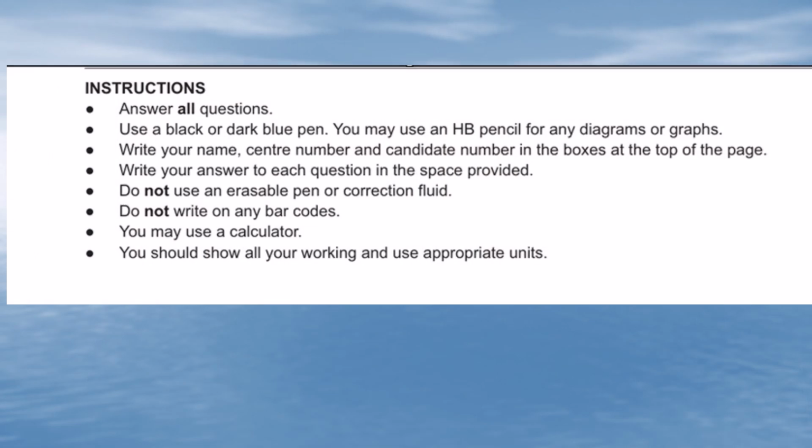So, first of all, take a look at what Cambridge actually writes on the front page: you should use a black or a dark blue pen, but this is important, you can use a pencil for diagrams or graphs, so that's a good idea.